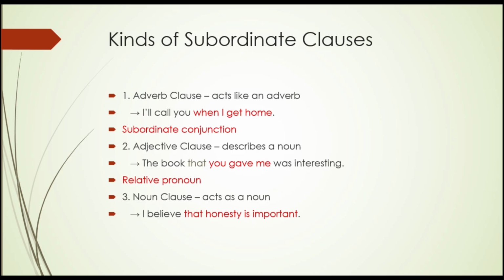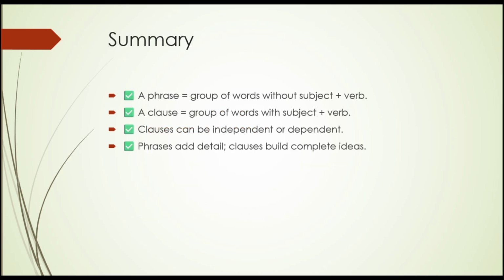So the noun clause works as a noun, and in this way it can be placed instead of a noun. I believe that honesty is important. Here it works as a direct object.